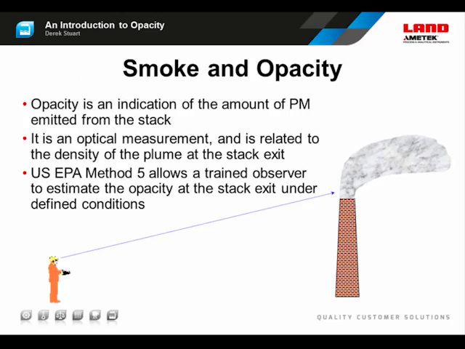Now, opacity was really the first pollutant that was taken interest of, because it's a highly visible product coming out of the stack. So you can see billowing smoke coming out of a stack. That's usually a bad thing. Now, a lot of modern stacks, actually, you see condensed water coming out of the stack.